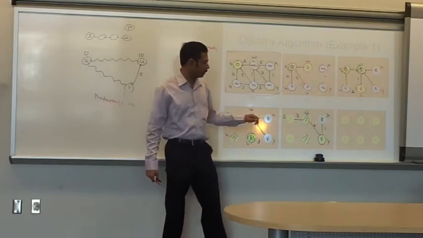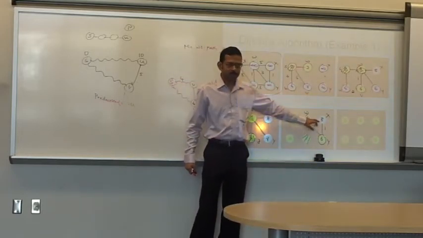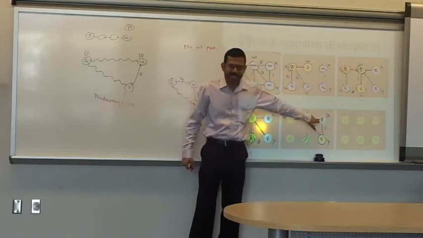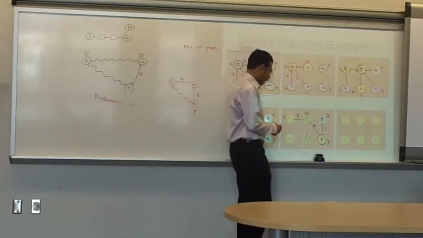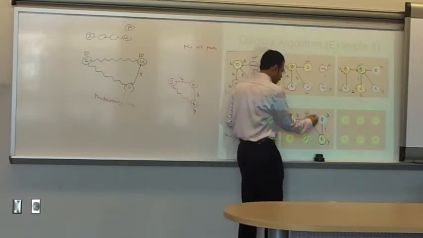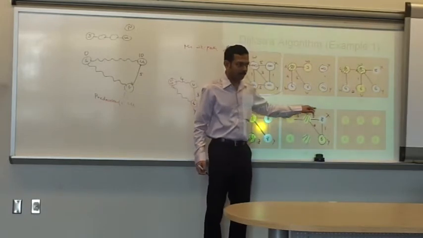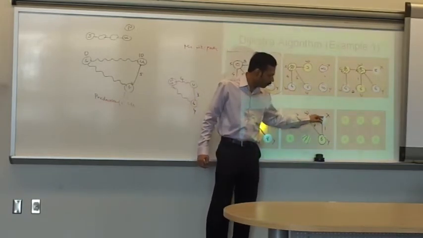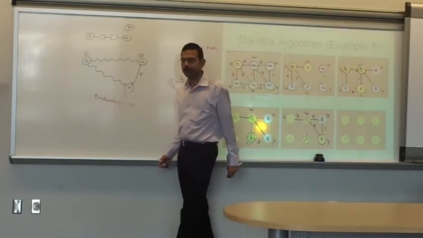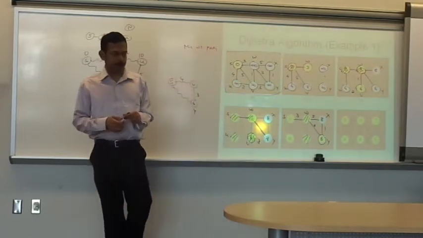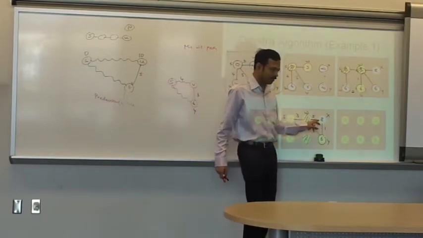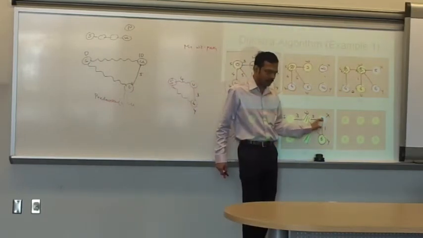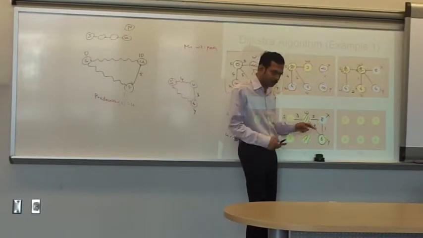Because it is going to be smaller than 8. The current estimate of the path from S to X is 8, right? And that path was this. So you want to check if you can reduce this further. Can you reduce this further? You can reduce from 8 to 7. So that's what we're going to do.